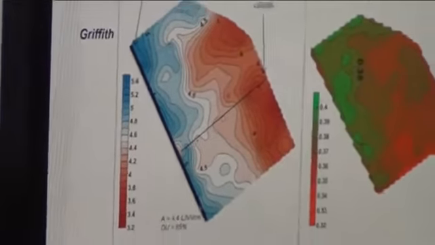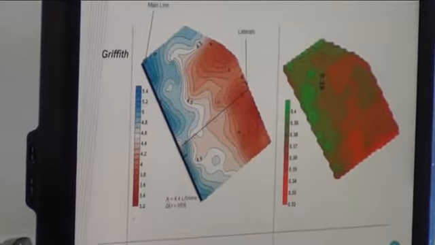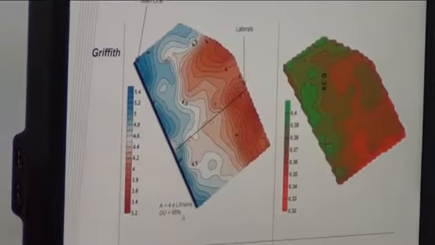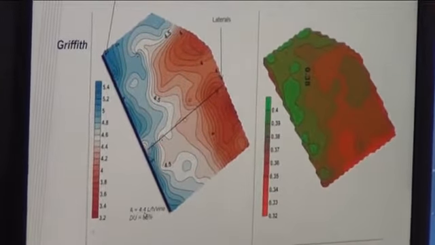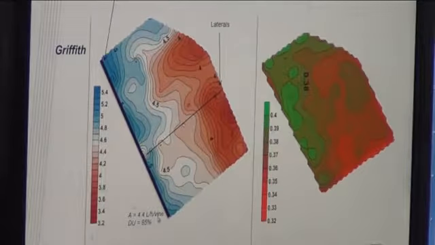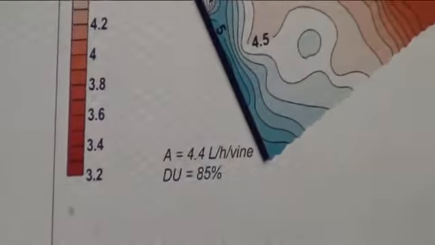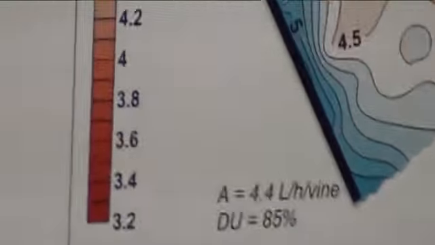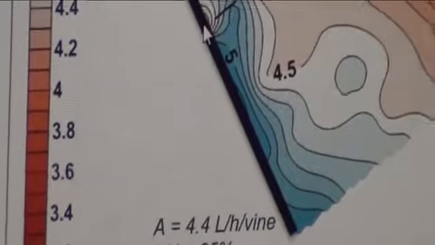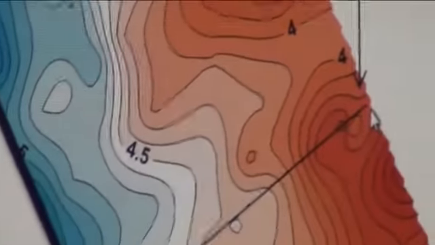Again, if we have a look at our main line, which goes down here, we've got a DU of 85%, an average application of 4.4 litres per hour per vine, but you can see that varies quite significantly, and about a 2 megalitre per hectare difference over the total irrigation season between these high ends and these low ends.